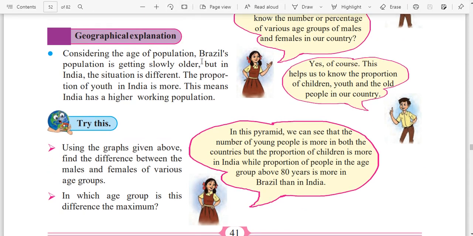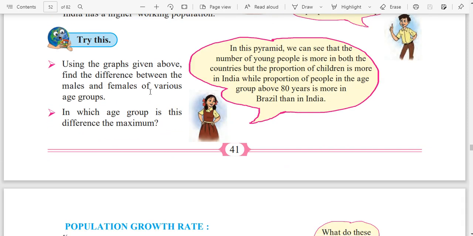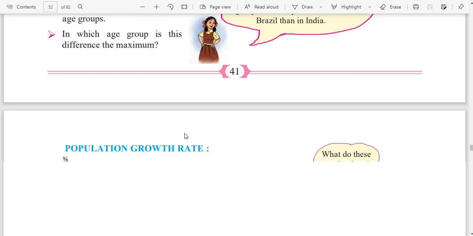Considering the age of population, Brazil's population is slowly getting older, but in India the situation is different. The proportion of young people in India is more. This means India has a higher working population. Try this. Using the graphs given above, find the difference between the males and females of various age groups. In which age group is this difference the maximum?